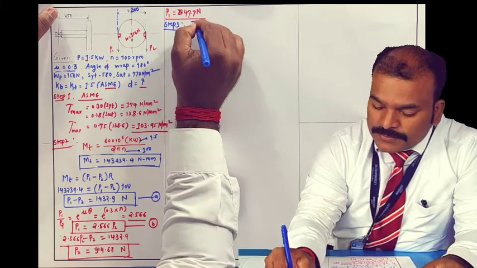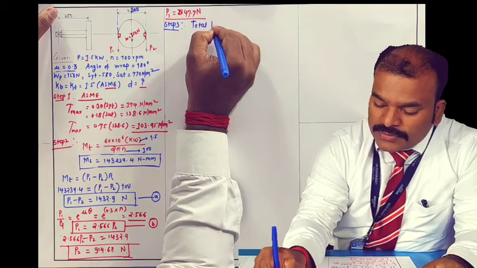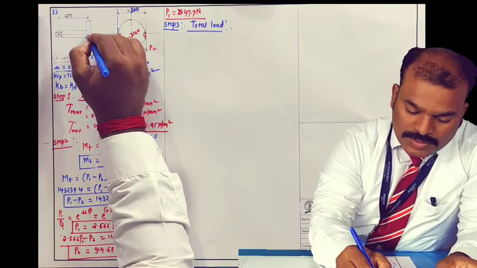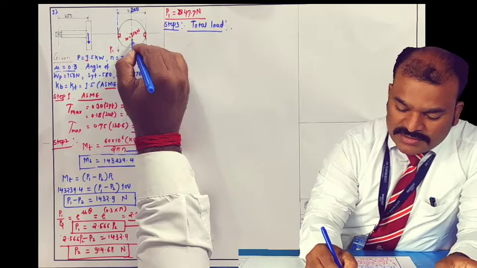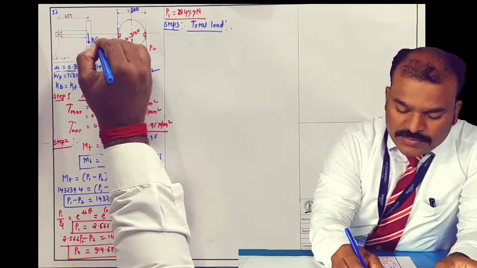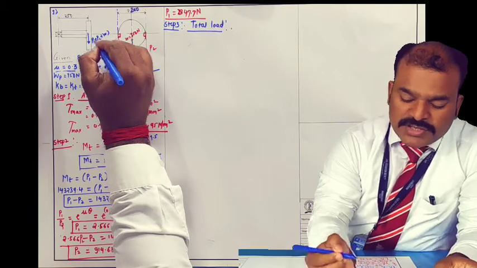Total load. So where should it act? See, this is the pulley. Here it acts, with the CG. So on the pulley I can say P1 plus P2 plus W. It is the total load.